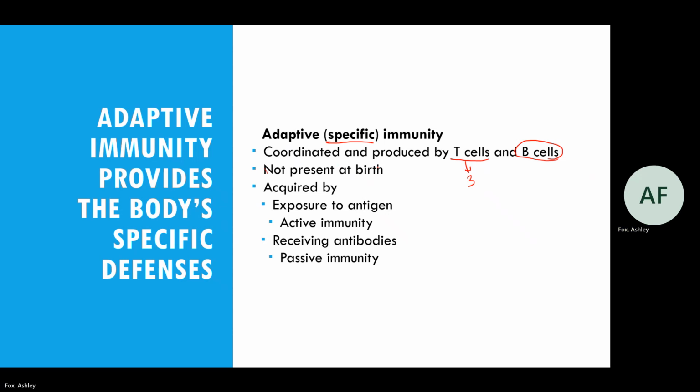So this is saying not present at birth. It's not saying that T cells and B cells are not present at birth. It means that the adaptive immunity needs to learn. So it actually learns as time goes on. This is why we have vaccinations.